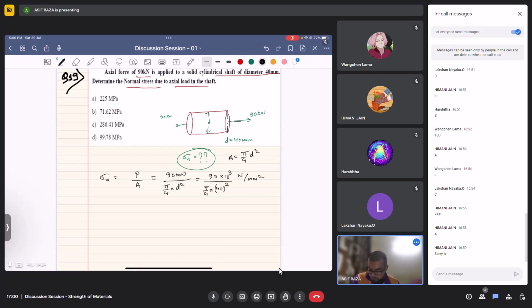Let's solve this. Sigma n is 90 into 10 power 3, this 4 will go up, divided by pi into 40 square. So 90 into 4 into 1000, divided by pi and divided by 40 square.